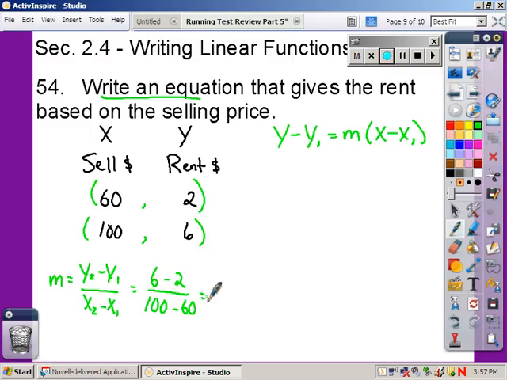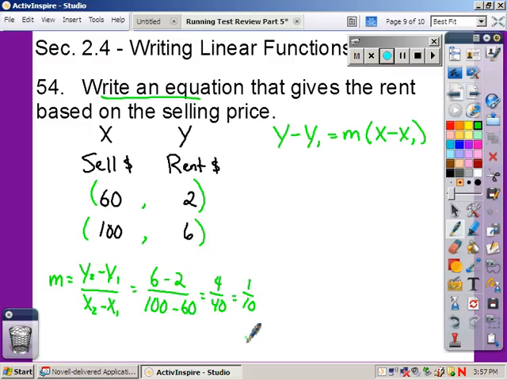So let's simplify that a little. We get 4 over 40. And we don't want that. We want a reduced answer. So how many times does 4 go into 4? 1 time. How many times does it go into 40? 10 times. So our slope is 1 over 10.